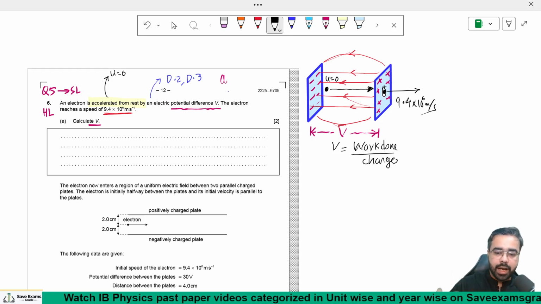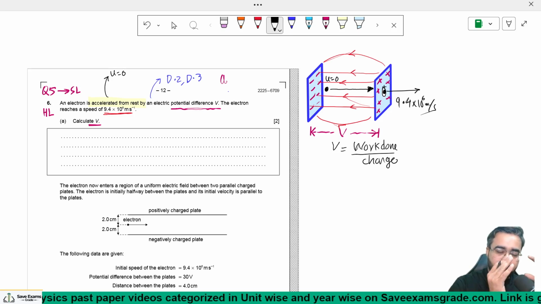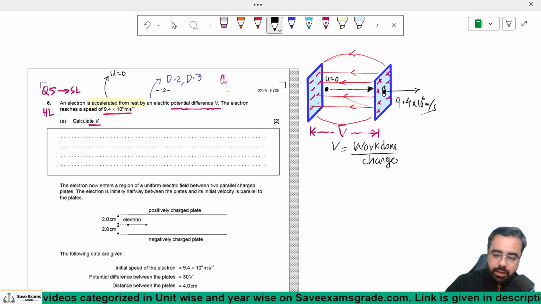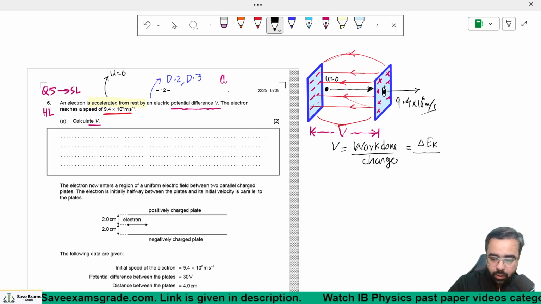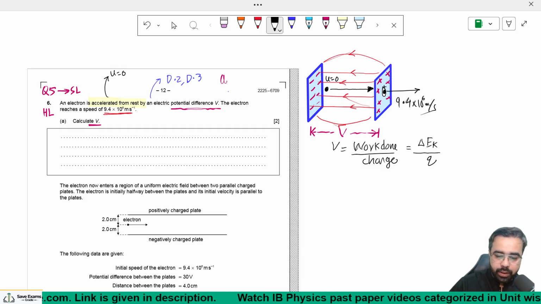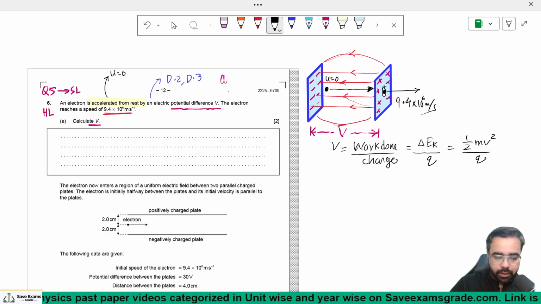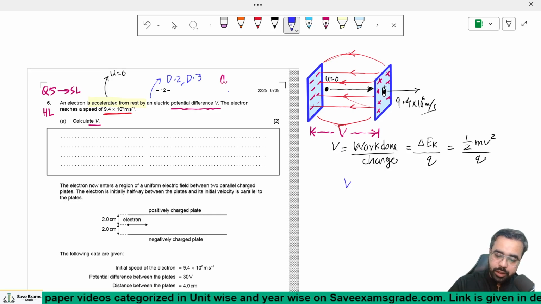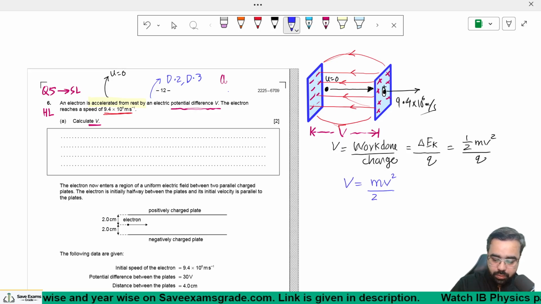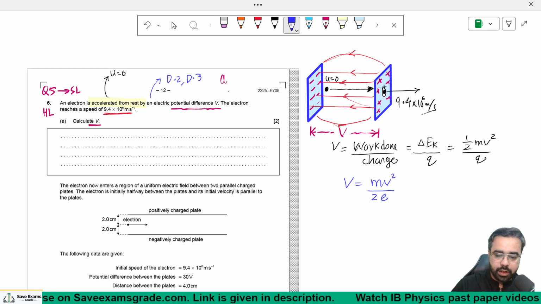Energy transformation has happened, the potential energy has decreased and the kinetic energy is gained. So what do you think, what is that gain in kinetic energy over charge? So we can find out easily, this is the gain in kinetic energy over charge, right? So the potential is equal to mv square divided by 2 times e, because that is an electron.